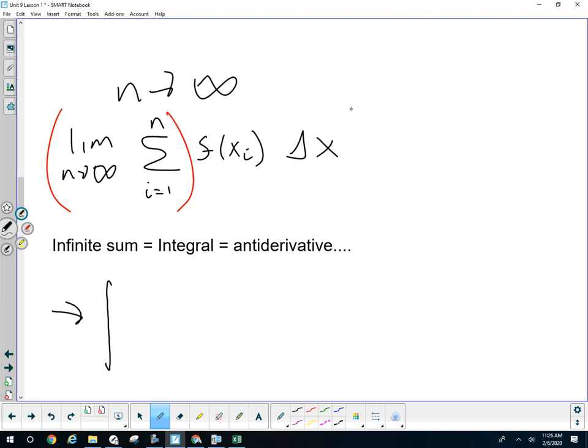Now, what are we missing? The a and the b, right, for area? Well, that came from this width of a subinterval, a to b. That's the b minus a part of the delta x. Where did f of x come from? Well, f of x stayed here. But now what are we missing?